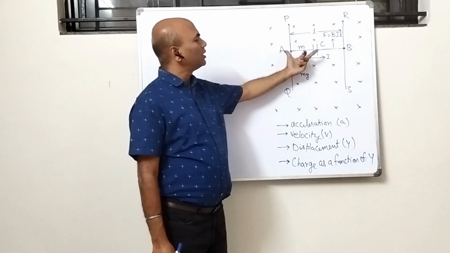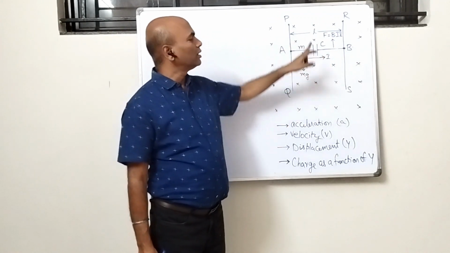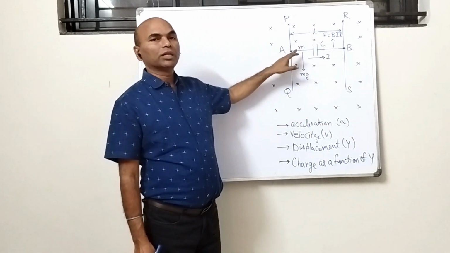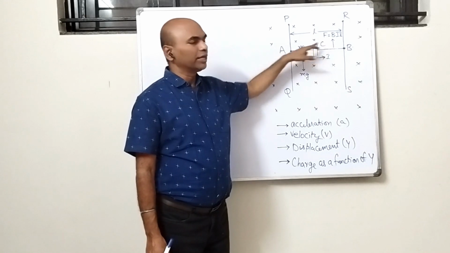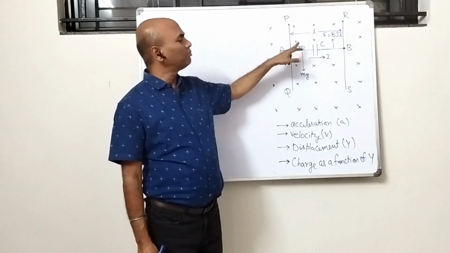Let the length of this wire from A to B be L, as indicated here. Let us also assume that the mass of this arrangement of wire from A to B is m.